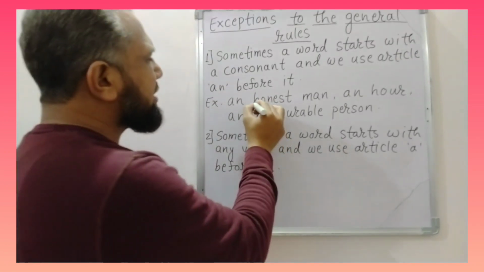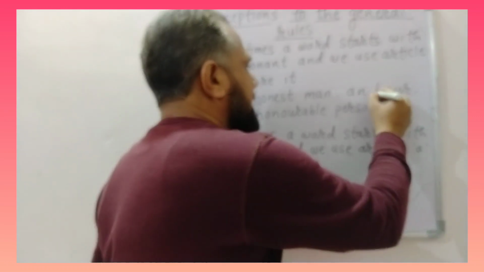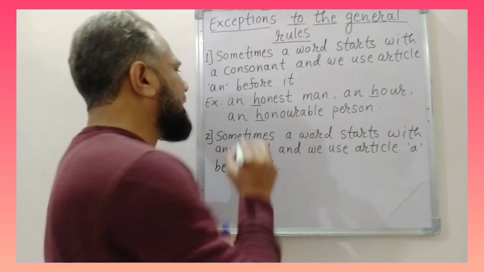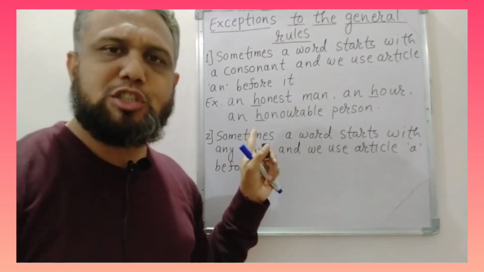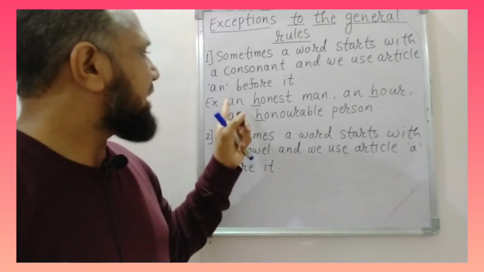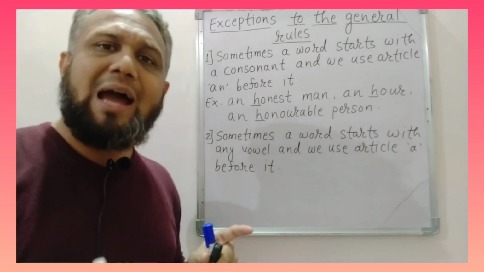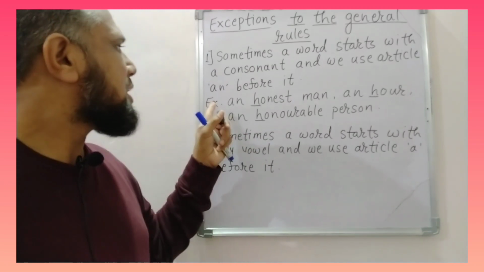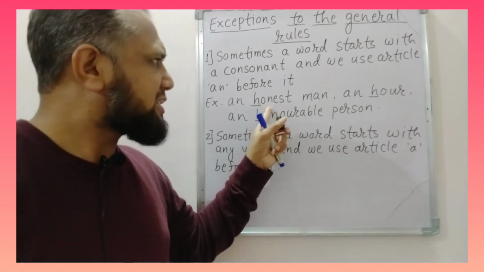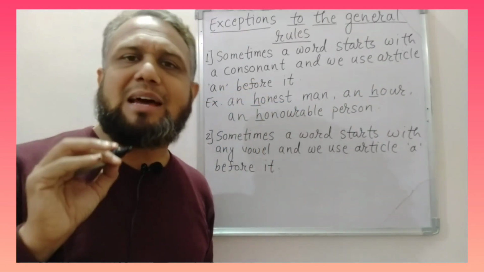Here, in all the three words, honest, hour, and honorable, the word starts with H. All the three words start with H. But we have used an before these words. Why has this been done? Because in the words honest, hour, and honorable, the sound of H is silent.